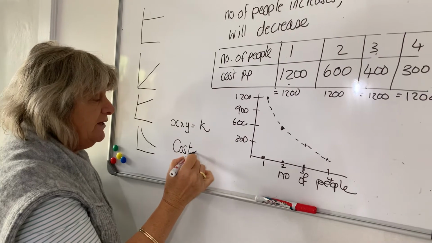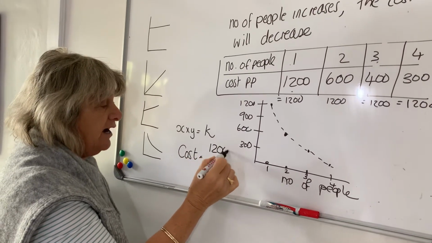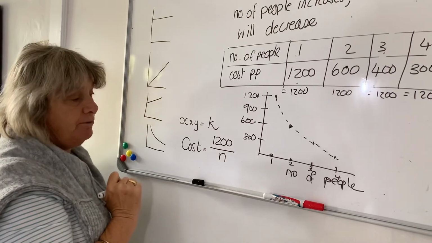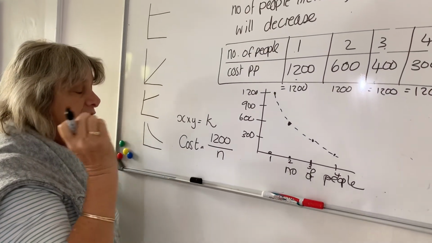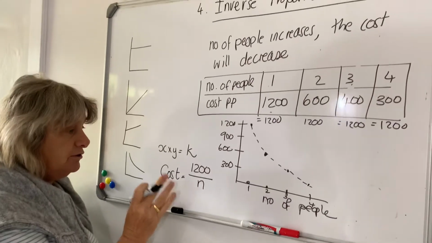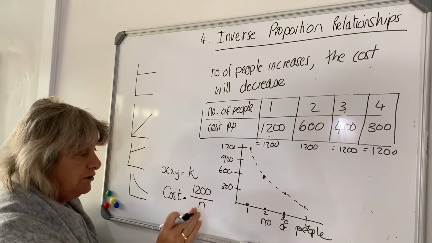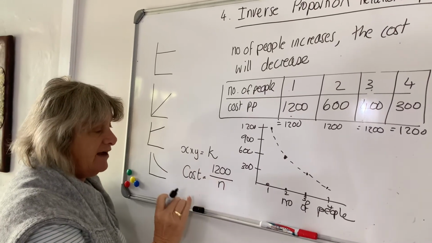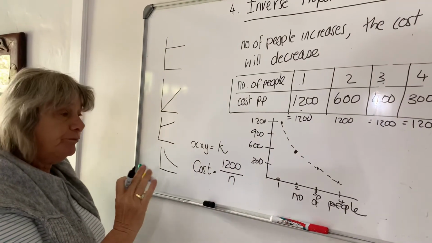The cost would be equal to 1,200, there's your constant product, divide by n, where n is your number of people. So it is essential to find your constant product in order to write an equation. Find that first, and then you can divide by the number of people.